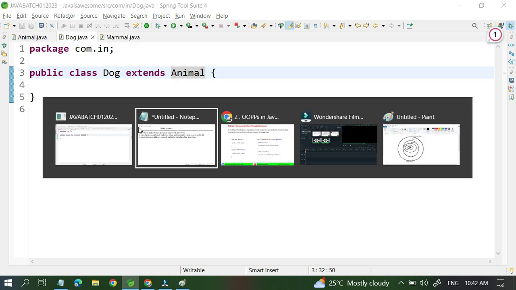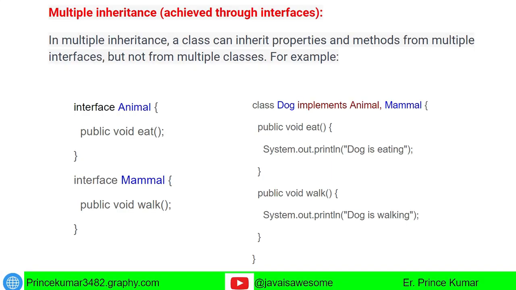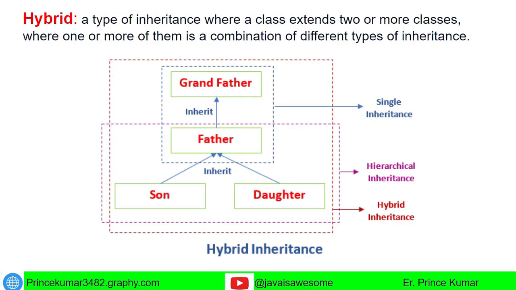Let me go on. So multiple inheritance will not be supported with classes but it will be supported with interfaces. What is the hybrid? Hybrid is also a very important concept. Internally in the hybrid also we are using multiple inheritance, using multiple interfaces, so let me go back.